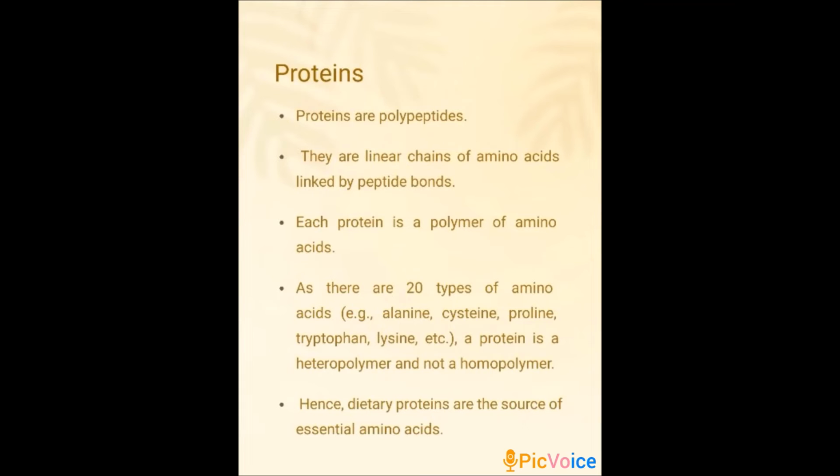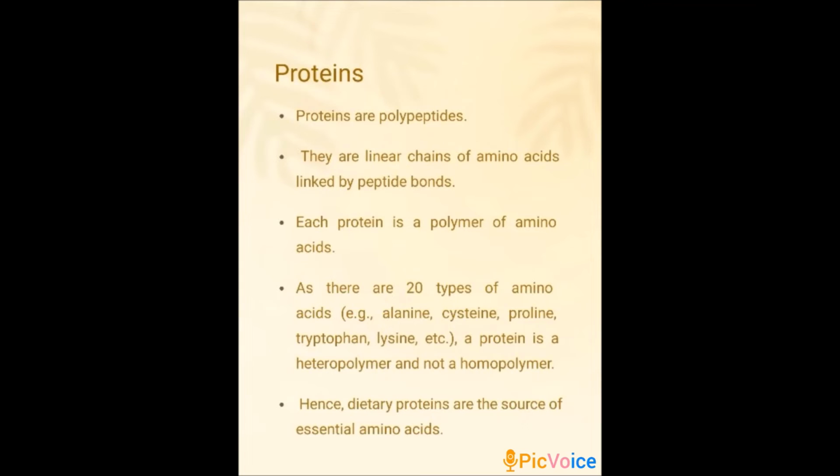I have already told you, protein is a combination of many amino acids. So there are 20 essential amino acids. Some of the examples are alanine, cysteine, proline, tryptophan, lysine. These are some of the essential amino acids. There are 20 there, and it is a heteropolymer.